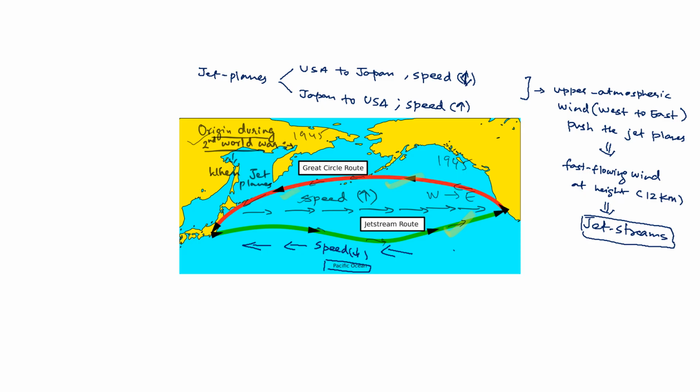So there must be something in the atmosphere pushing the planes faster when they were crossing the Pacific Ocean from Japan to the American side. That gave rise to the idea of a fast-blowing atmospheric wind that moves from west to east, and that's why this upper atmospheric wind, which flows at a height of 12 kilometers, is called the jet stream.